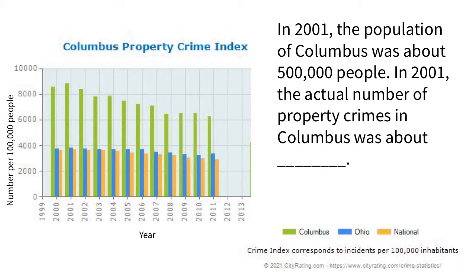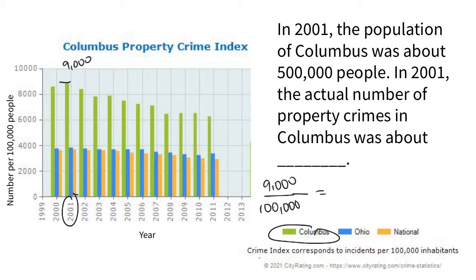So first, I need to look at 2001. Here is 2001, and I need to look specifically at Columbus. And I would say that that looks like it's about 9,000. So I know that there were 9,000 crimes per 100,000 people in Columbus in 2001.